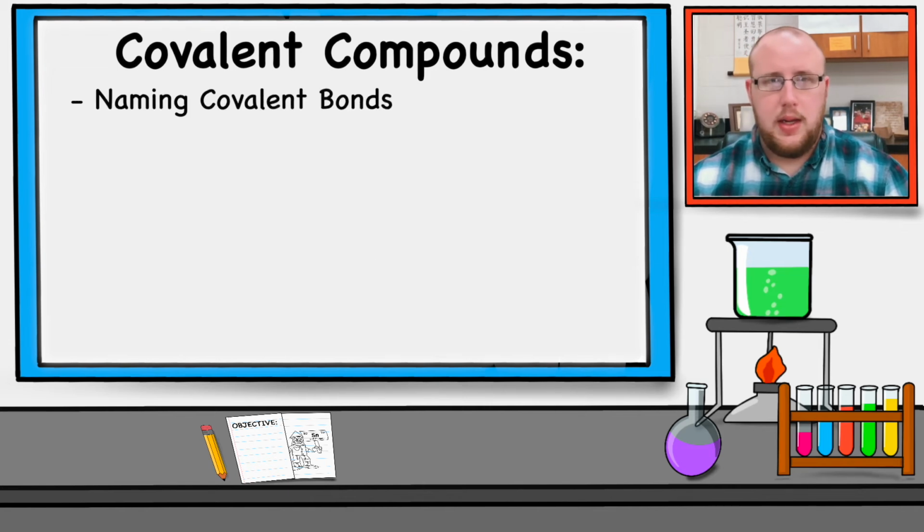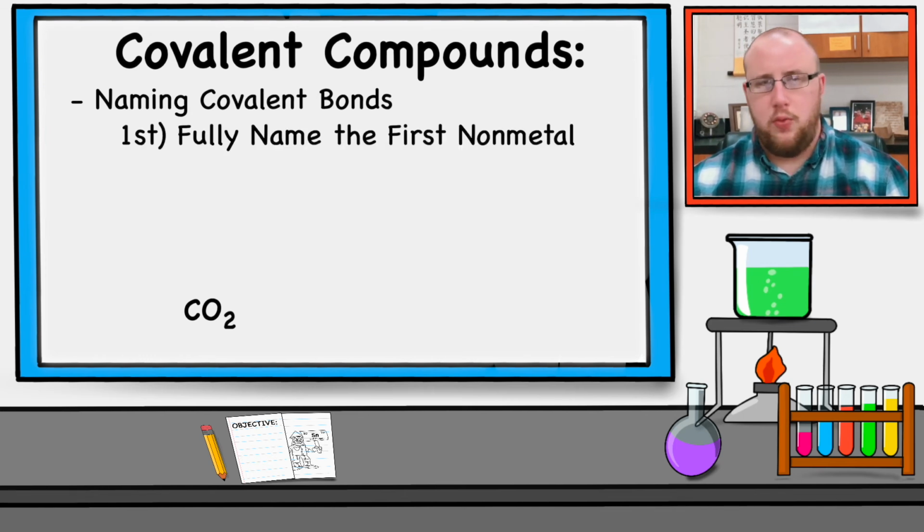Now, how do we name covalent bonds? Well, with these, they're pretty easy. They follow kind of the same way that our ionic compounds form. So if we're given, let's say, CO2, first thing we're going to do is write our first nonmetal out all the way. So in CO2, that would be carbon as our first element.